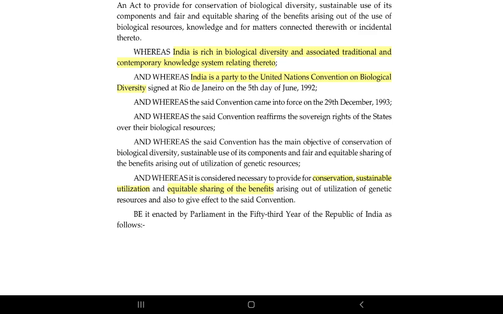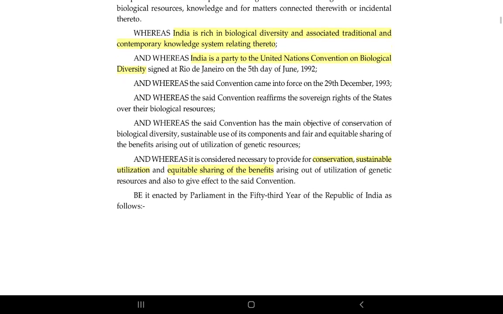Once there is conservation, we should think of sustainable utilization. Use it, but use it wisely. You have to meet present needs, keeping in consideration the potential of the future to meet its own needs. That's what we call sustainable use or sustainable utilization. So it also puts impetus on sustainable utilization.